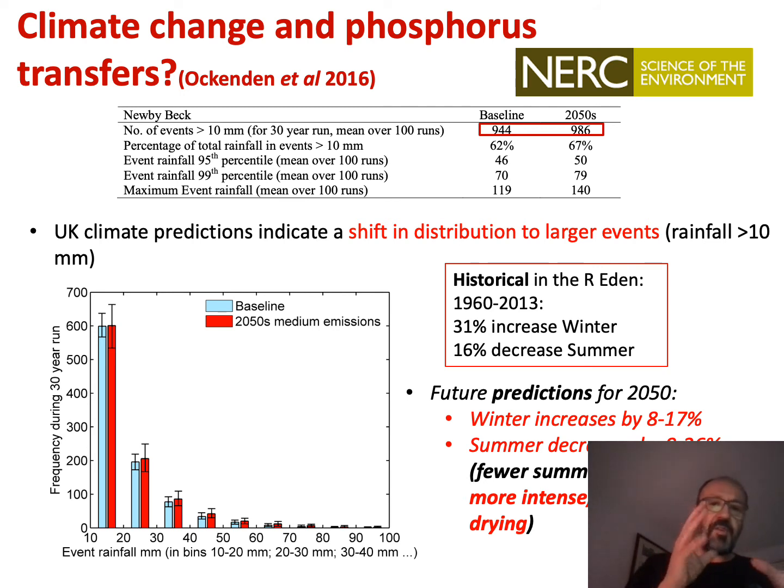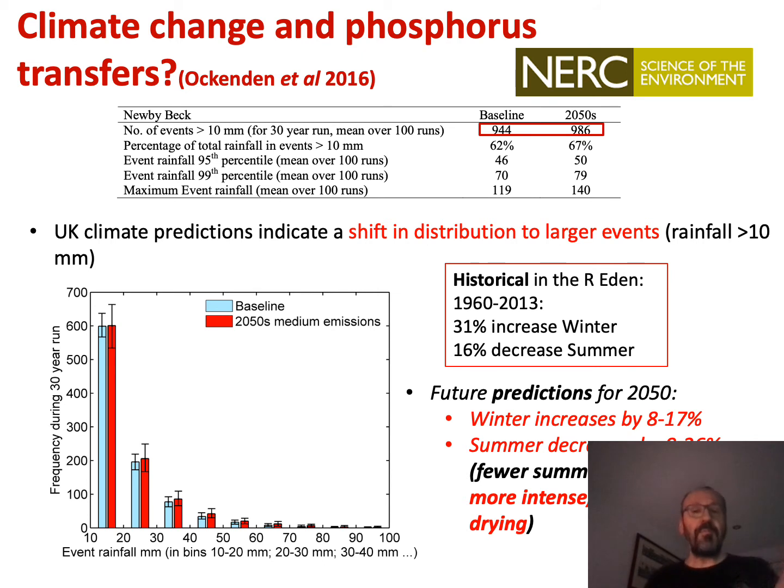And this research, which was led by my colleague Mary Ockenden, started to explore the science behind the observations in the previous slide. We've got these storms happening, we've got these dramatic events, we've observed higher amounts of phosphorus and nutrients coming through the system, but what's the science? What do the models start to show us?